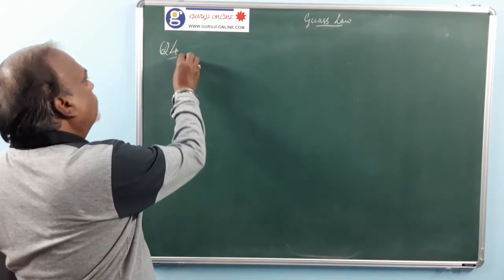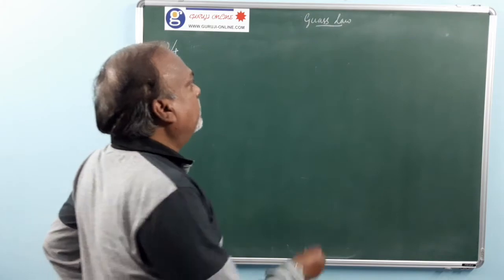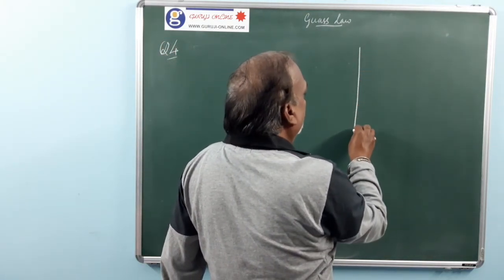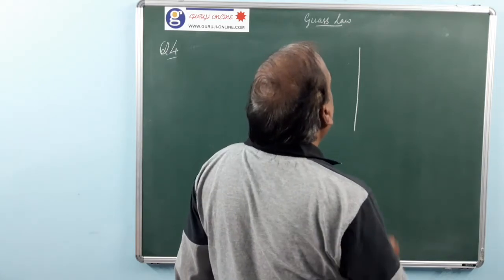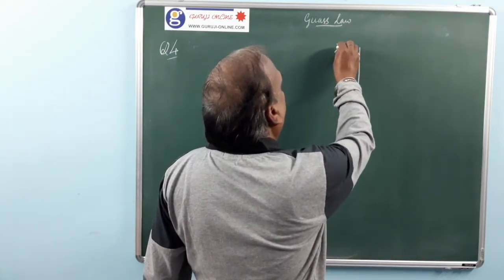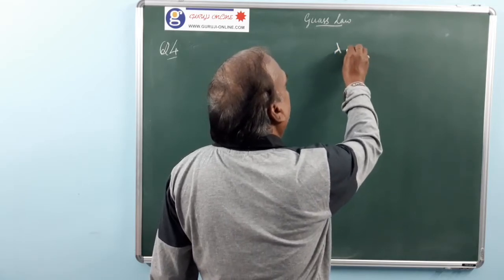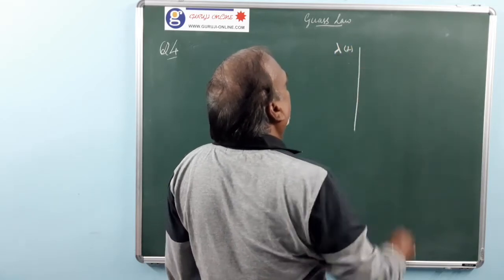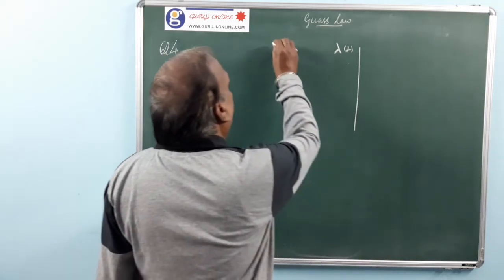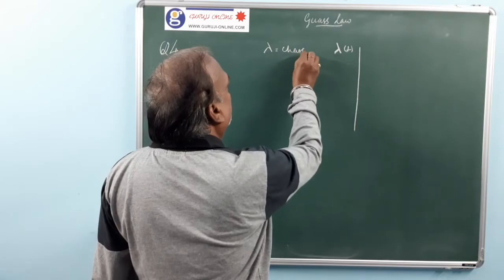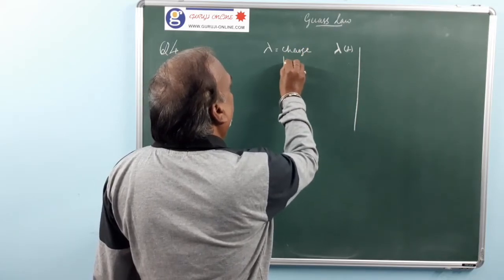Now let us go to the next question. Suppose you have a charged wire. This is sigma, this is lambda, and here the charge is plus. Lambda is nothing but charge per unit length.